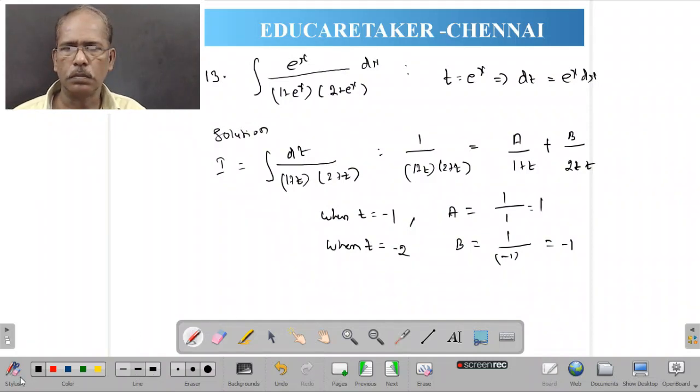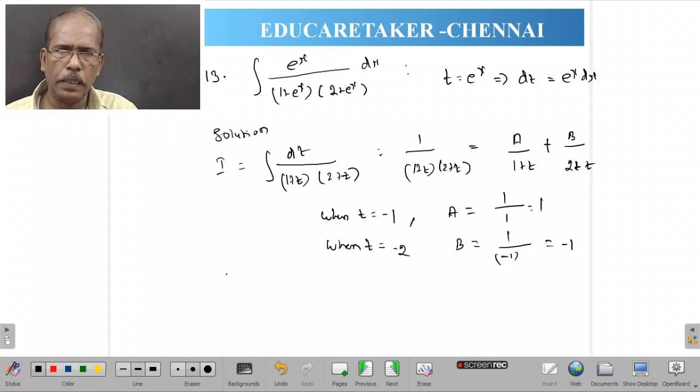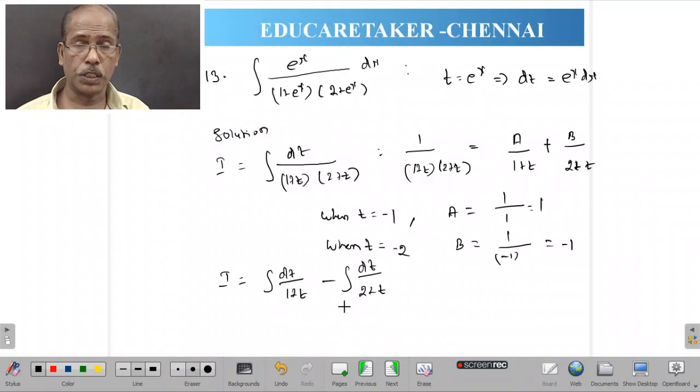Now you can integrate. I is A into the integral of dt by 1 plus t, and B is minus 1. The integral of the reciprocal of a linear function with derivative 1 is log of L, where L is the linear function, and its differential is dt.